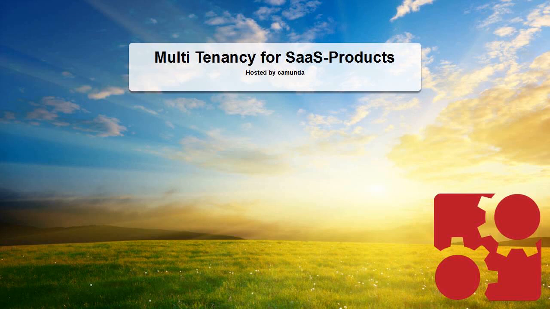There is another question saying, why is this better than the older version of multi-tenancy, and can I still use the old version? I guess by saying old version, you refer to the approach of one process engine per tenant. And of course, you can still continue to use that.